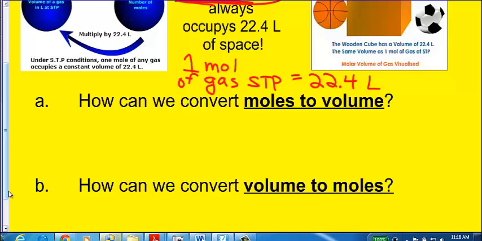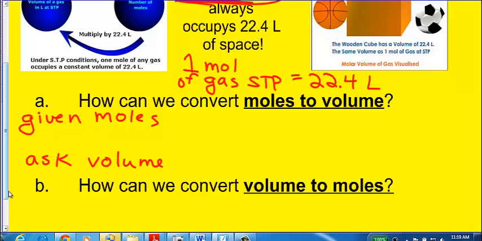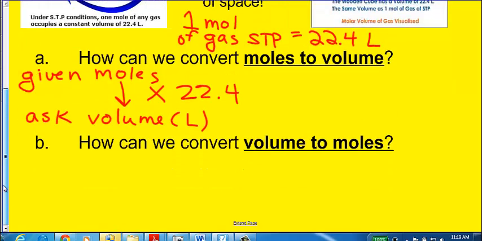How can you convert moles to volume? Well, if you're given moles and they ask you for volume, remember volume will be in liters. They'll ask you for liters. You're going from moles, therefore you would multiply by the magic volume number, which is 22.4. Okay?